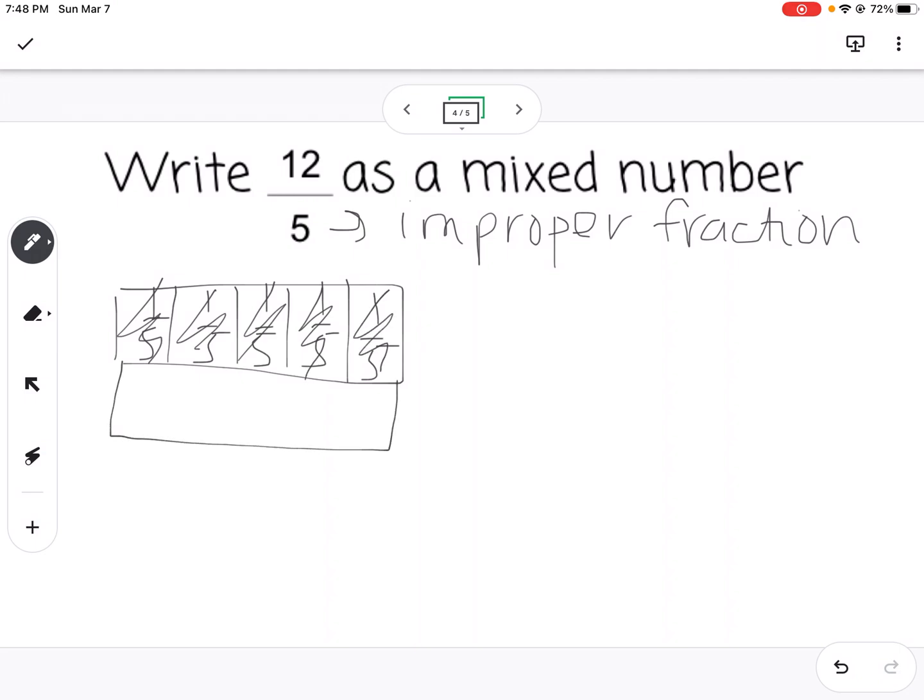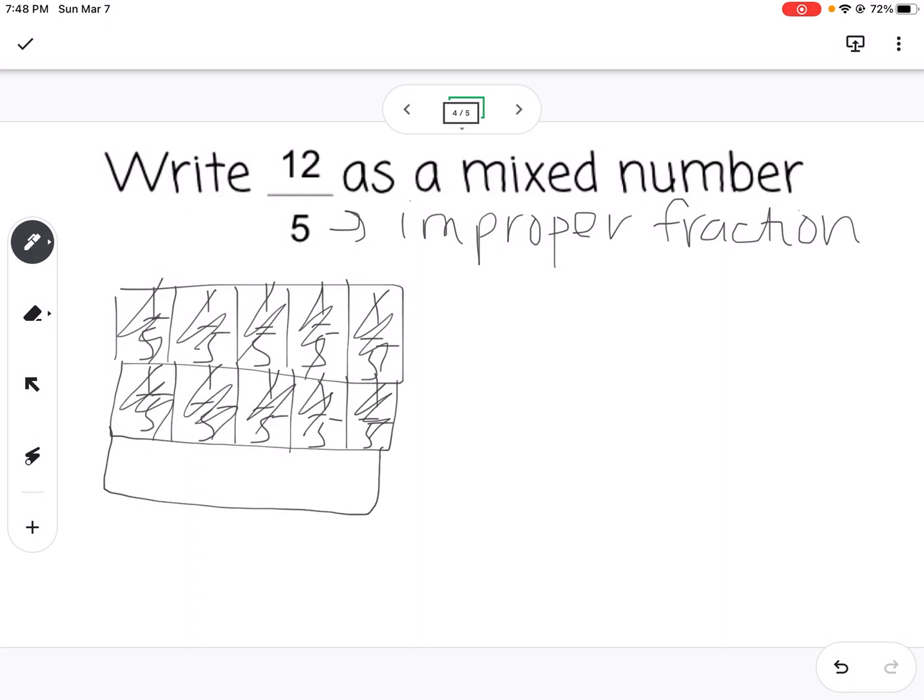I'm going to make another one with fifths. 1/5, 1/5, 1/5, 1/5, 1/5. 5 plus 5, I'm already at 10. So I'm going to make a third one. 1/5, whoops, 1/5, 1/5, 1/5, 1/5, and here's 10, 11, 12.